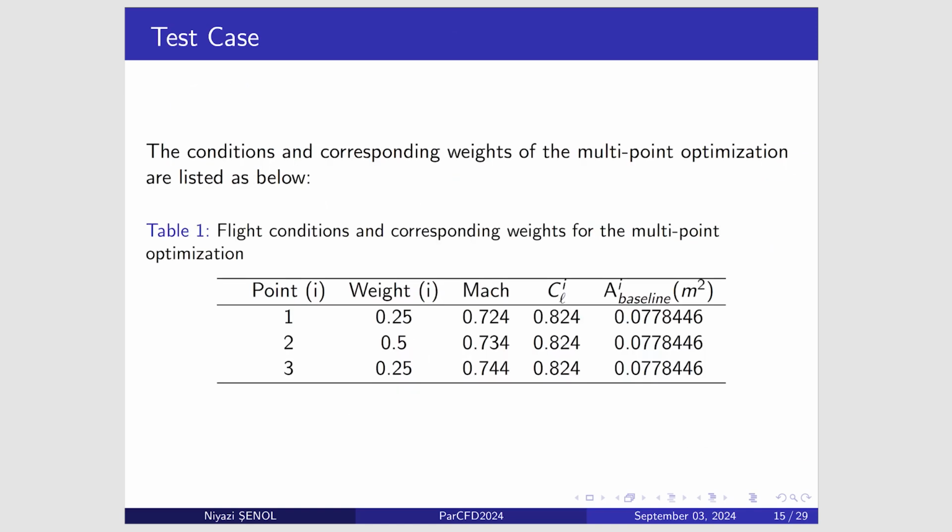For the multi-point conditions, we have 3 points. The weights are 0.25 for point 1, 0.5 for point 2, and 0.25 for point 3. Their Mach numbers are represented here, and the CL and AoA constraints are represented here.